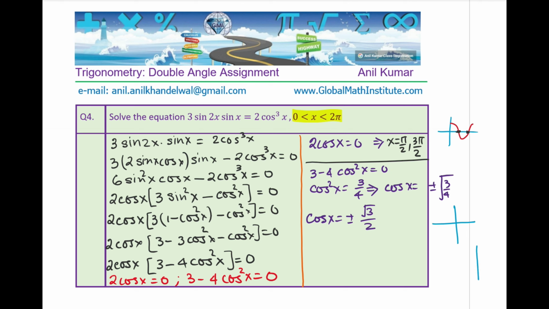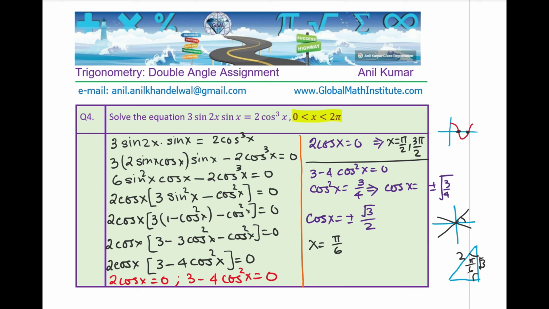We can use a special triangle. So wherever possible, use special triangles. Square root 3 and 2. So the angle for cosine will be pi by 6, correct? So we have the related acute angle pi by 6. And therefore, the x value is pi by 6.